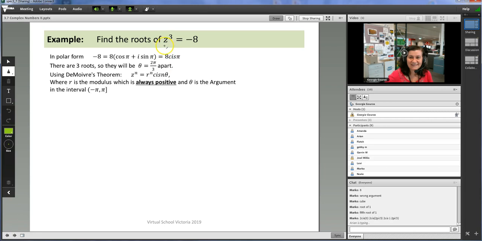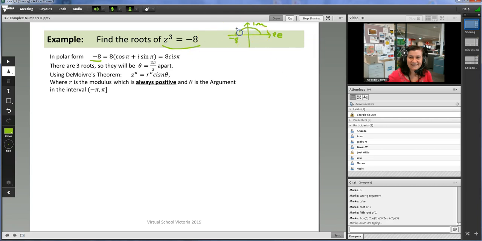Okay, so what about z cubed equals negative 8? We can express negative 8 in polar form by thinking about where negative 8 is. Where is negative 8? Well, negative 8 is over here, on your real and your imaginary, the Argand plane. So you can work out what that is.